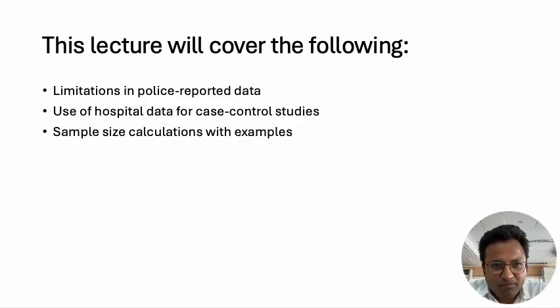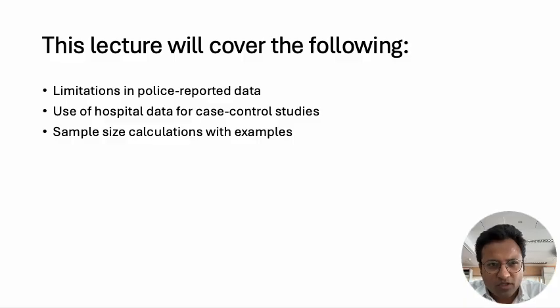Basically, this lecture will cover three main things. One, I will discuss the limitations in police reported data, which is one of the most common data sources that researchers across the world have used for traffic injury epidemiology work. I'm going to tell you what limitations there could be when you look at police data reported in LMICs.